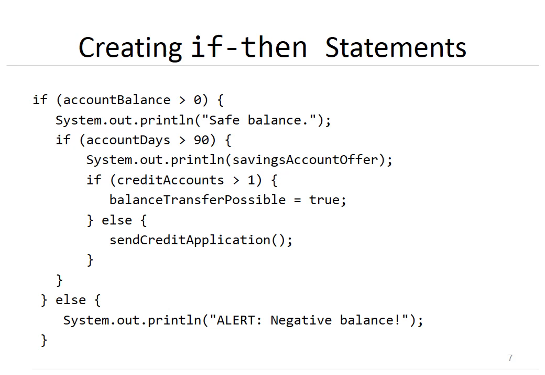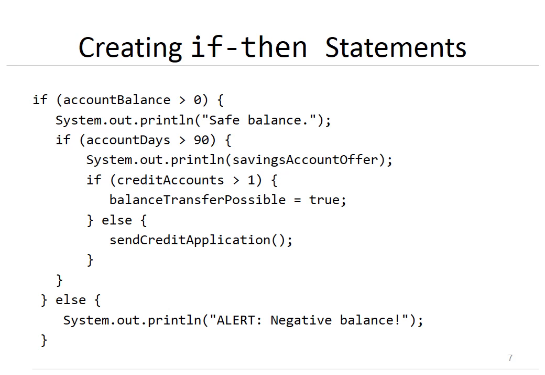Here, we will first check whether the account balance is bigger than 0. If yes, a message will be printed saying save balance. Next, we will check if the account has been active for more than 90 days. If this is also true, then an offer to open a savings account will be printed.